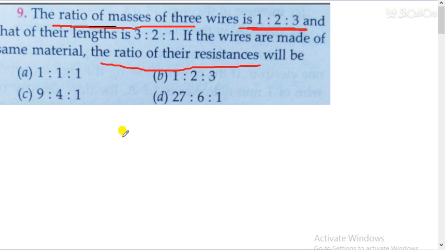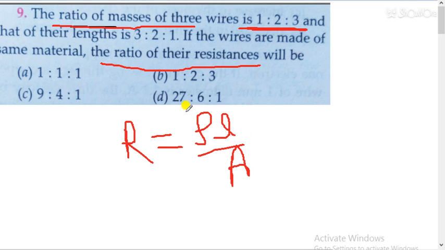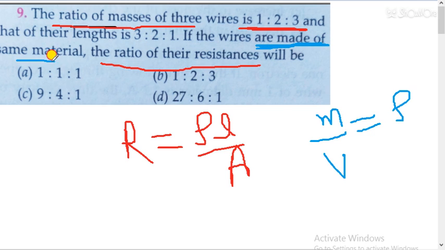Okay, can I write resistance equal to rho into L upon A? I know the mass. So can I find any relation with mass? Mass upon volume is equal to density. Density is the same because these wires are made of the same material.